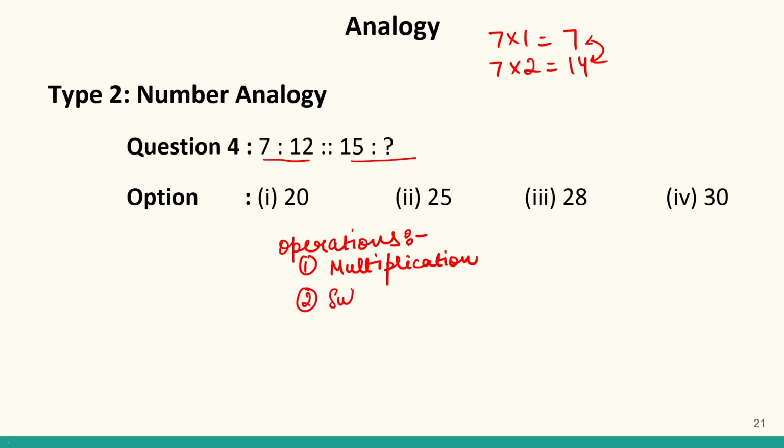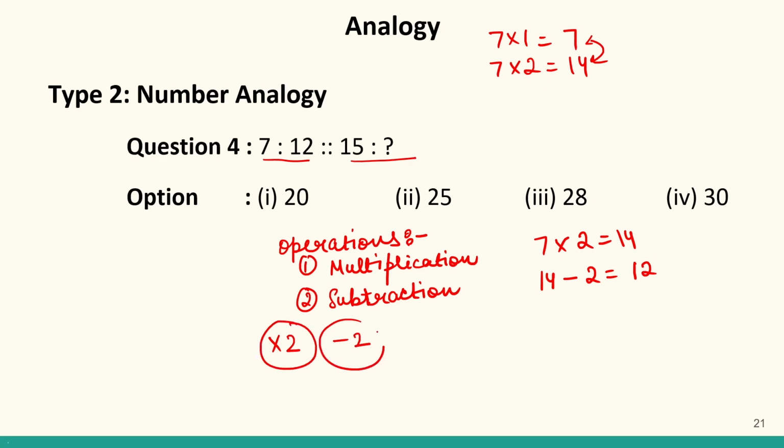And the second step is subtraction. So if I multiply 7 by 2, I'll get 14. And if I subtract 2 from 14, I'll get 12. So this logic is, first we are multiplying it by 2, then we are subtracting 2.